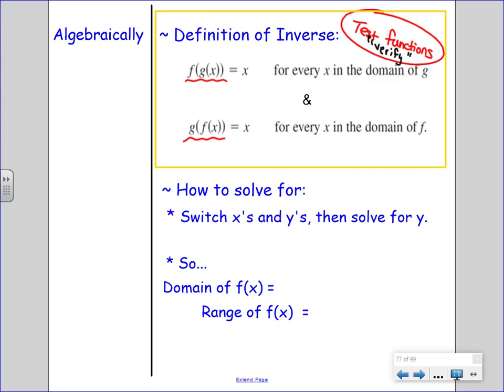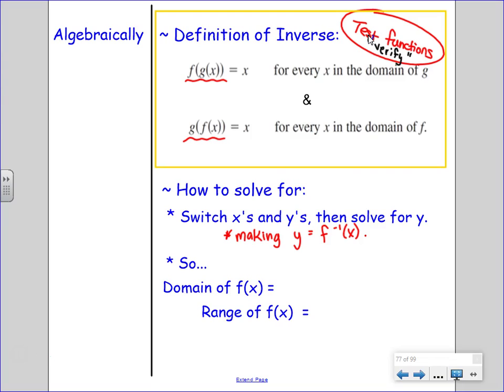Now, what's the shortcut way of solving to find the inverse that will undo all the different operations in the function? Switch the x and the y. Maybe there's just one of each, maybe there's multiple. Switch all the x's with y's, switch all the y's with x's. Then solve for y. However, quick note, make y equal to f inverse of x. You'll see what I mean with that in just a little bit, as time allows, or maybe tomorrow.